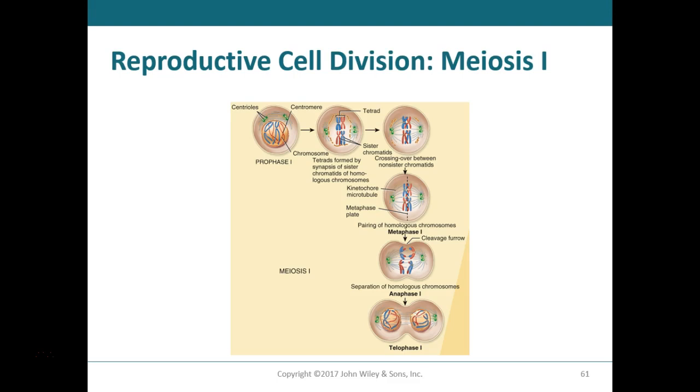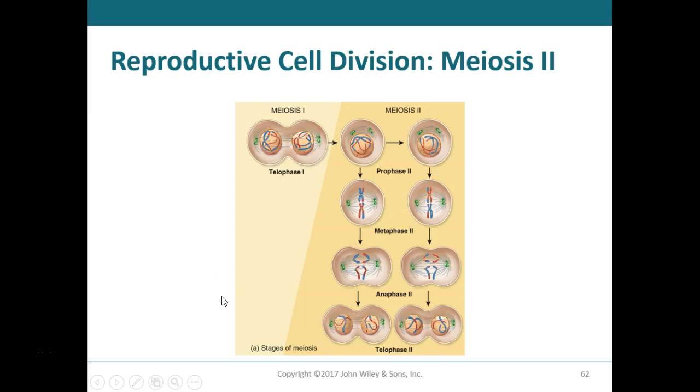So meiosis is sometimes called reduction division because it results in cells being created that only have one copy of the chromosomes. So it has two sets of division. Remember we had interphase, prophase, metaphase, anaphase, and telophase in mitosis. Well, we have that happening twice in meiosis. So meiosis 1 happens, and then meiosis 2 happens.